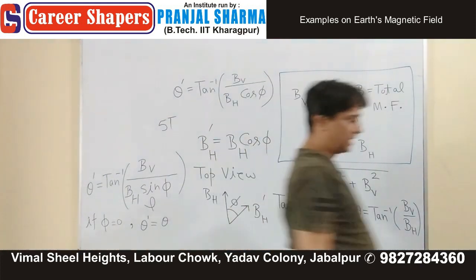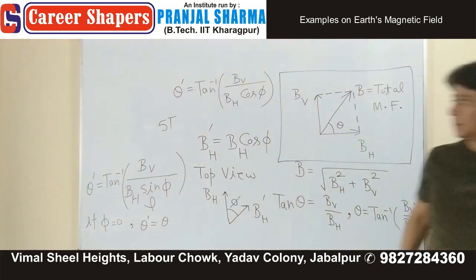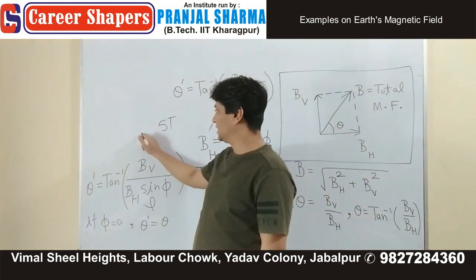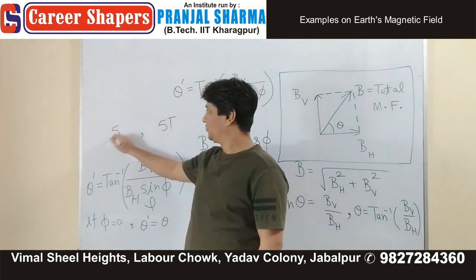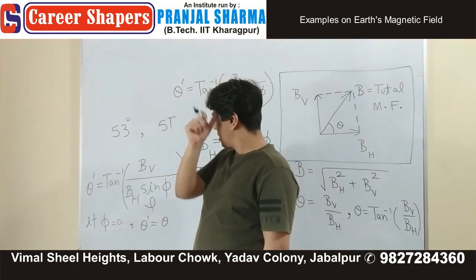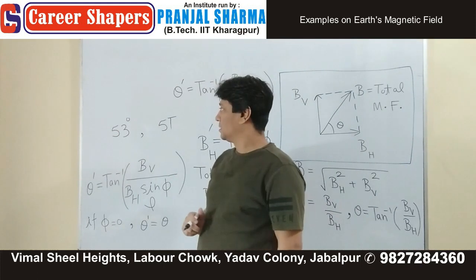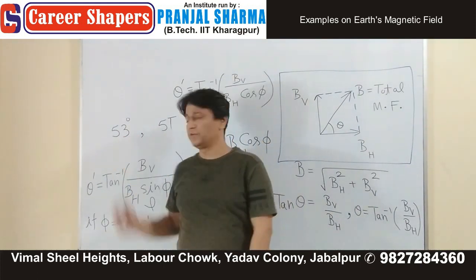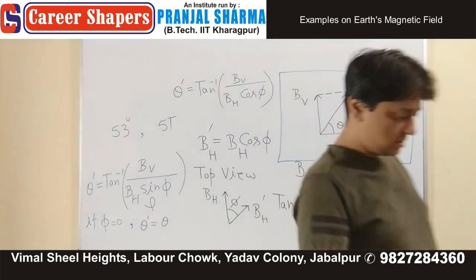Angle of inclination is 53 degrees. This is Earth's magnetic field. This is angle of inclination, 53 degrees.